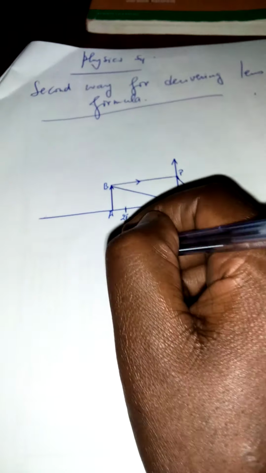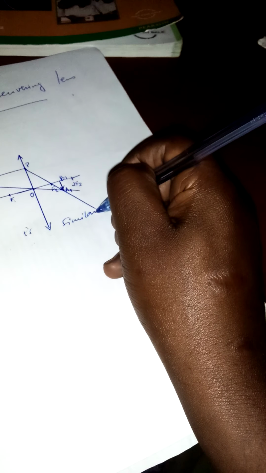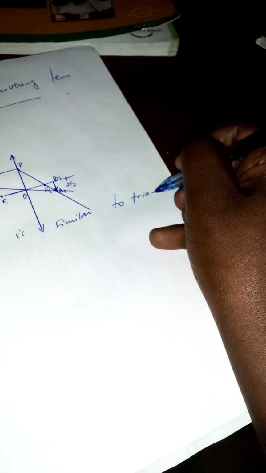So the first similar triangle is this one: triangle ABO is similar to triangle OB1A1. Look well.